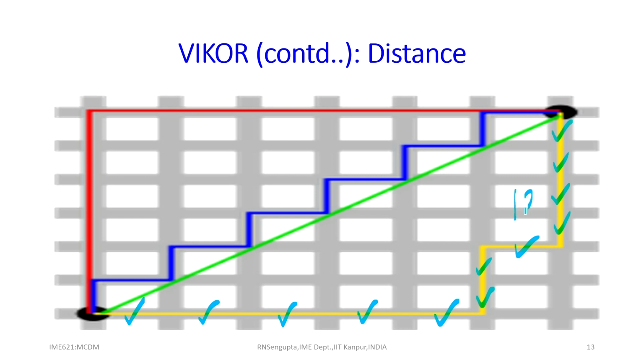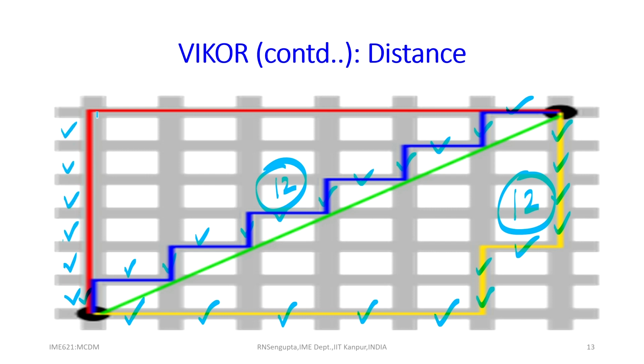The dark blue one is also 12, and the red movement is again 12.